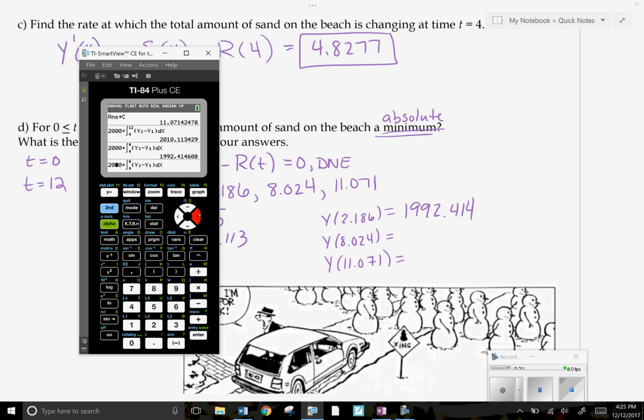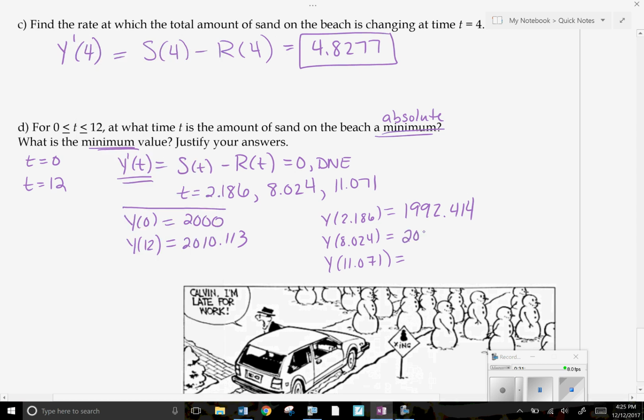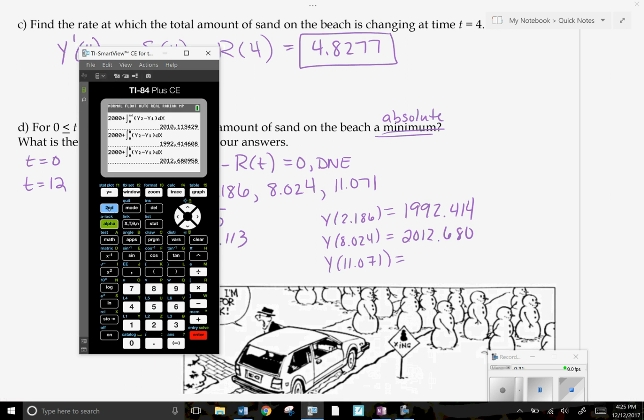So then I want to change that A to a B. Come on. Alpha B. Come on, little calculator. 2012.680. Almost done. I'm almost done. You've come this far. Hang on for the end.